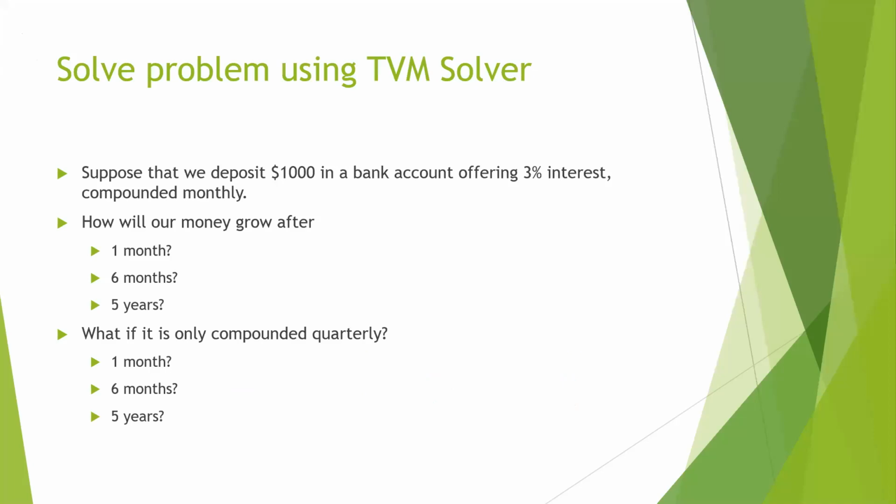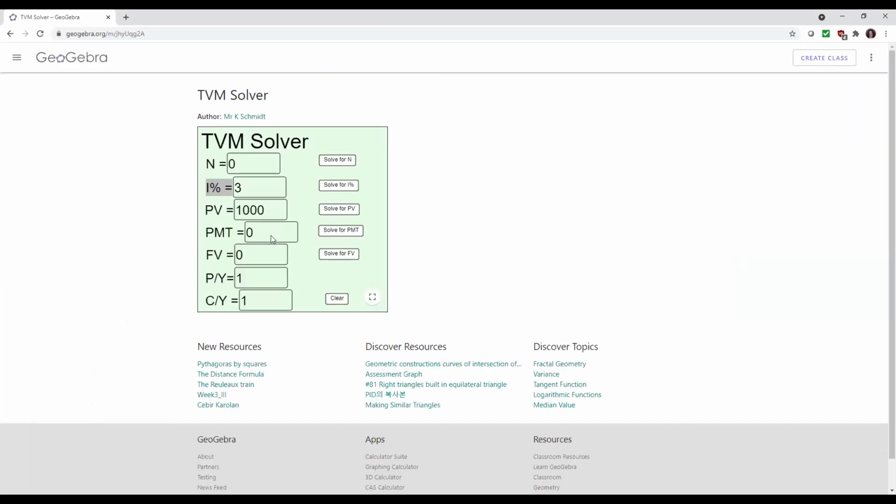It's compounded monthly, and we want to know how much money we have after 1 month. Notice the problem doesn't tell us anything about the future value. It doesn't tell us anything about payments. We just want to know how much money we have after 1 month. So we're going to assume that there are no payments, so we're going to keep payment at 0. The future value is what we're going to solve for. Periods per year, because it's monthly, there's 12 months in a year.